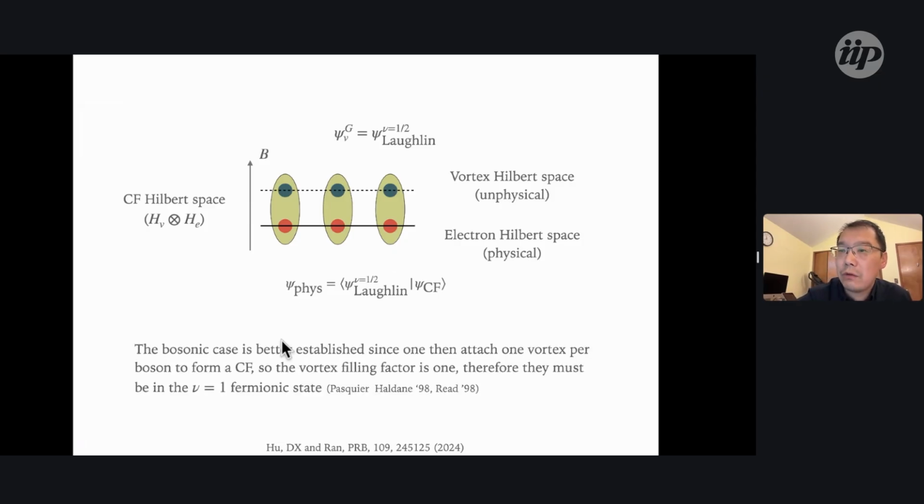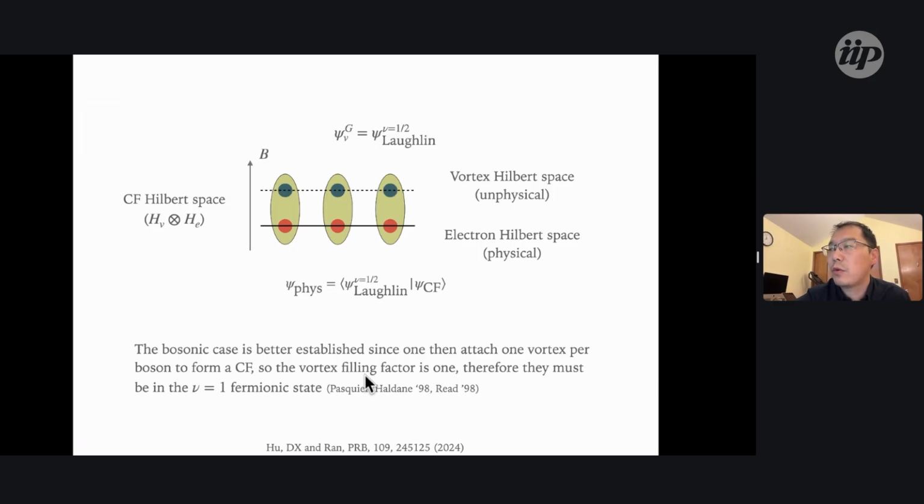Secondly, I would like to mention that in addition to electrons in the Landau level, you can also consider bosons in the Landau level. In the bosonic case, this idea is actually much better established, because you attach a single vortex to a boson to form a composite fermion.